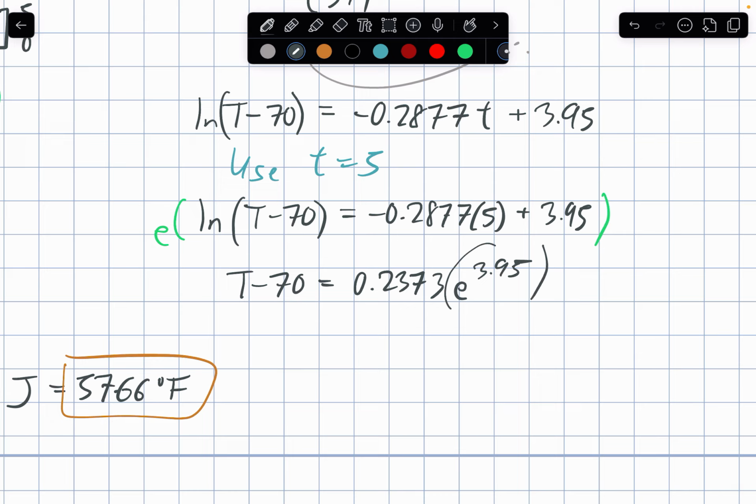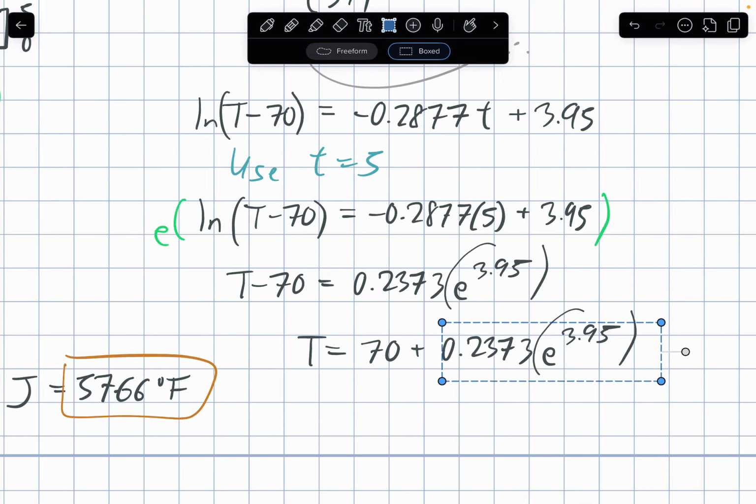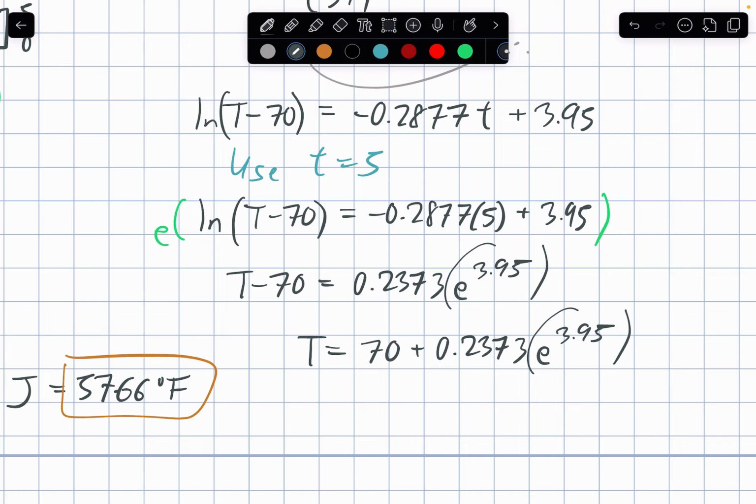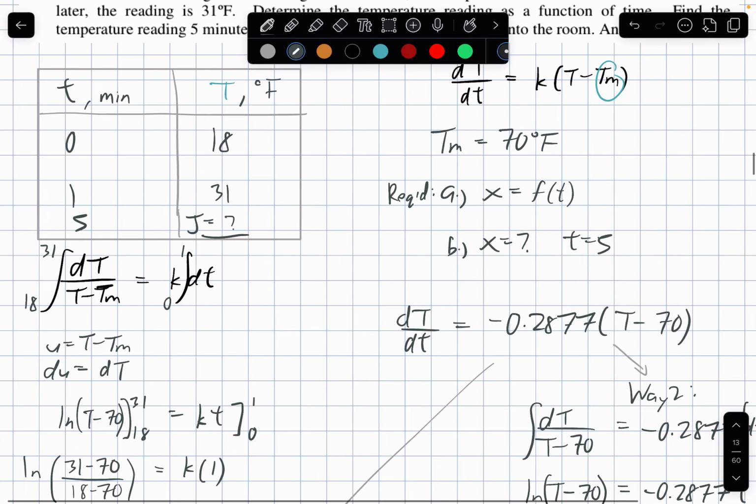This is a property, okay. I'm multiplying it by e raised to 3.95. e raised to 3.95, 82.32. What's the unit? Degrees Fahrenheit.